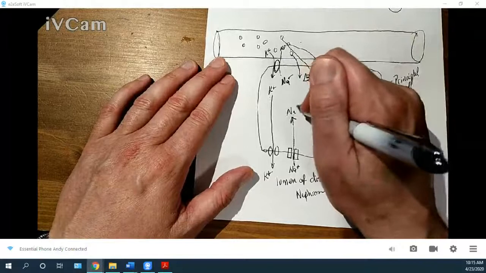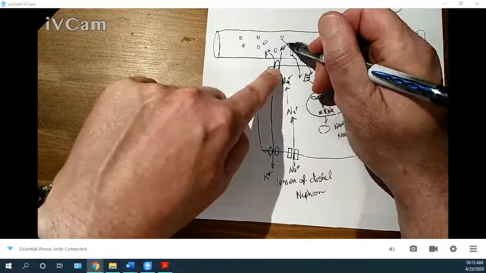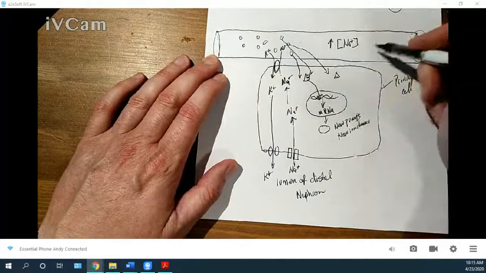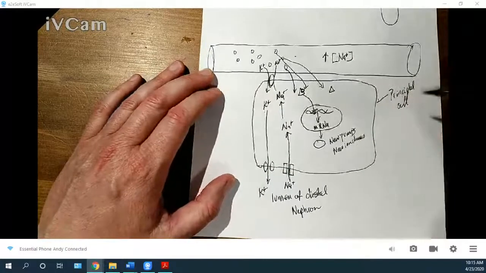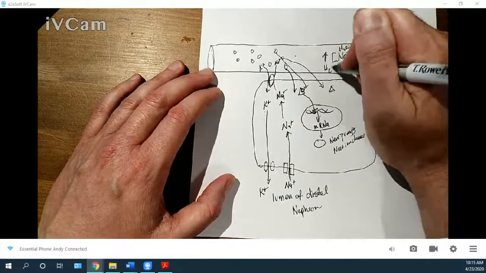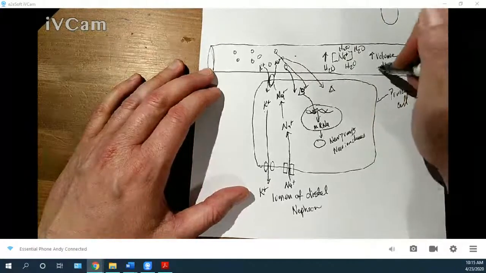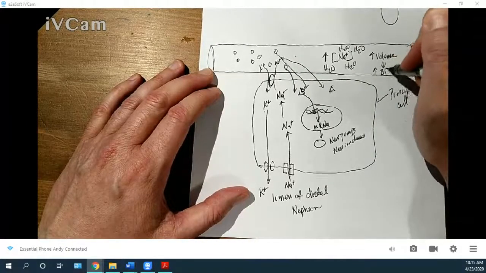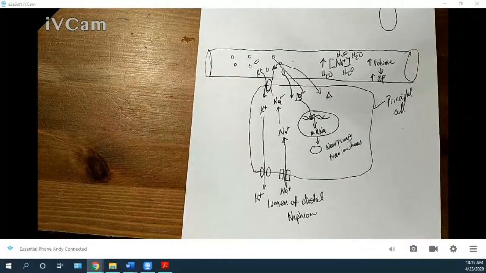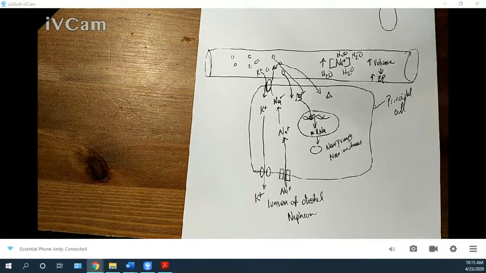So we've now increased the sodium concentration, and then our sodium-potassium pump can pump sodium out, and then we can increase the sodium concentration in our bloodstream, which will bring more water around it. And the more water we have, the more volume. And then an increase in volume is going to translate to an increase in blood pressure at that point. So that's basically the function of aldosterone. But this brings us to another hormone that the heart produces.